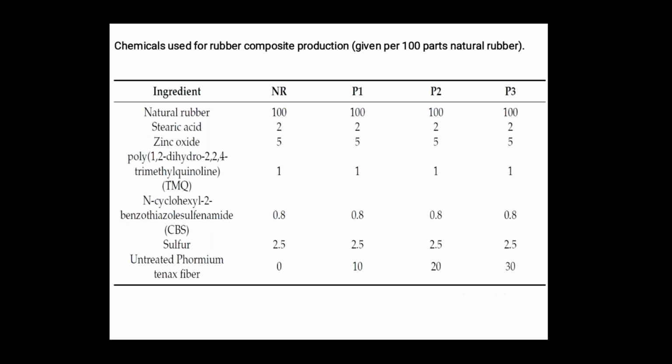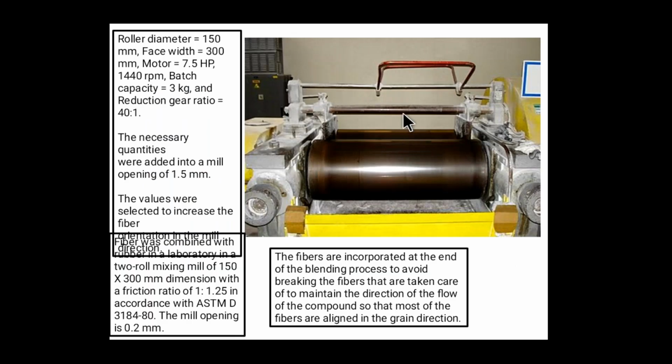Normally, for polymer composites, they make a molding box, prepare the resin, accelerator, and catalyst, cut the fibers, mix them with the resin, accelerator, and catalyst, and put it in the molding box. Similarly, here I am showing the two roll mill.